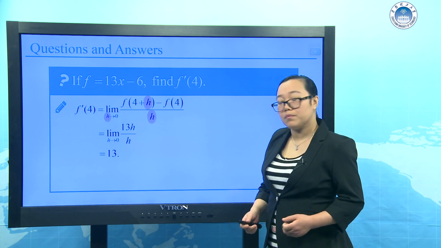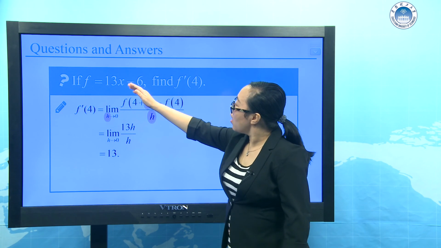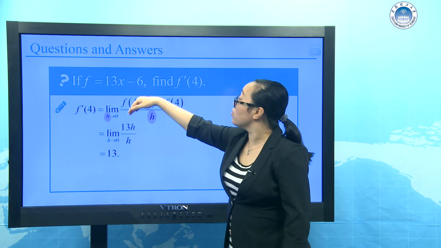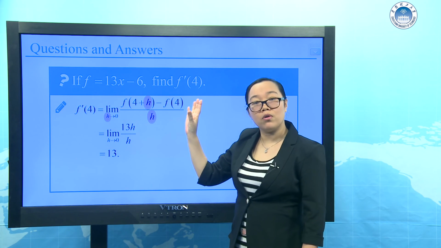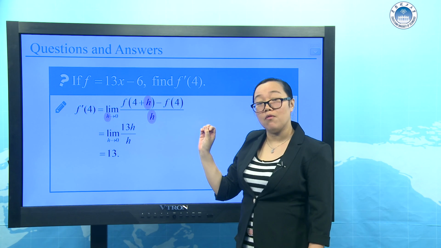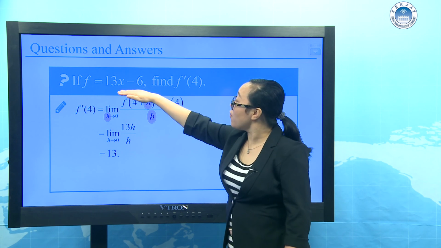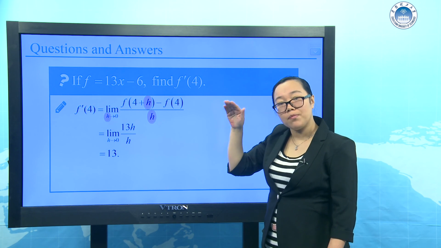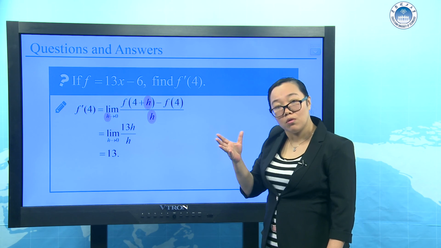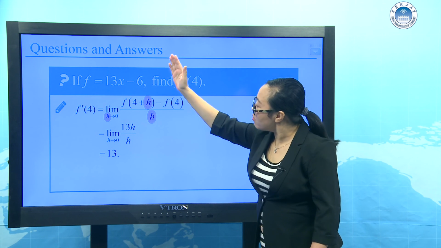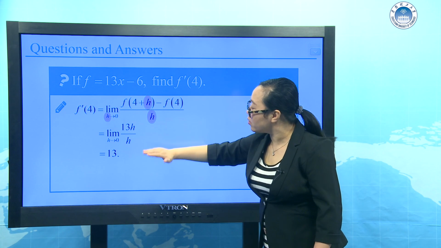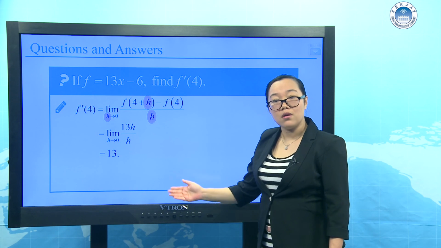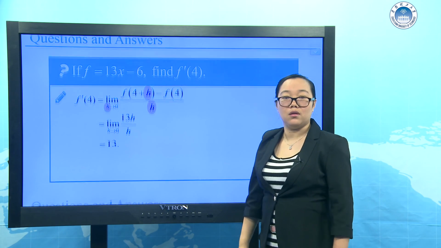How to check? f is given, and the derivative function equals 13 for any real number. Why? Because f is a straight line, a linear function, so f prime corresponds to the slope, which equals 13. So f prime 4 equals 13. Showing the checking work, we know the answer is correct.